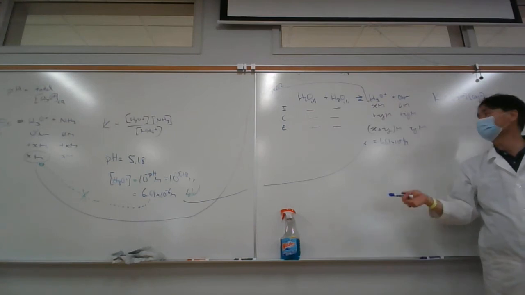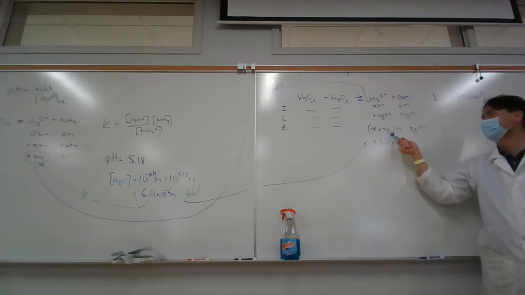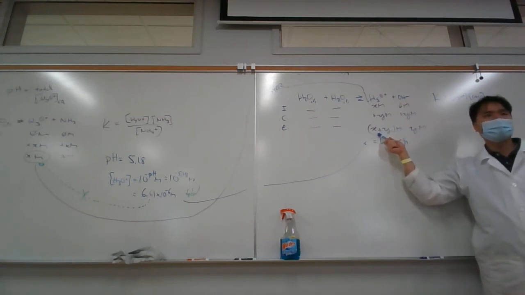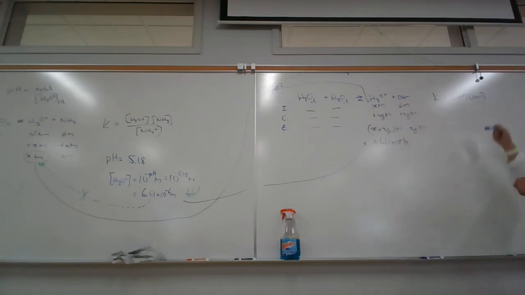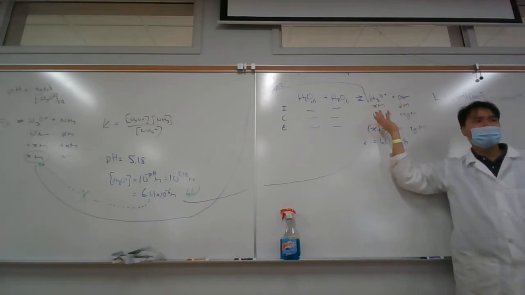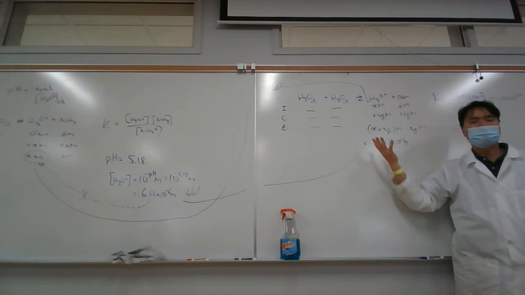A lot smaller because of the algebra. I don't need as much y here because I already have a bunch of x here to get it to equal this, to equal 1.0 times 10 to the minus 14. So the common ion effect inhibits the forward reaction because I already have product there. I don't need to form as much product.